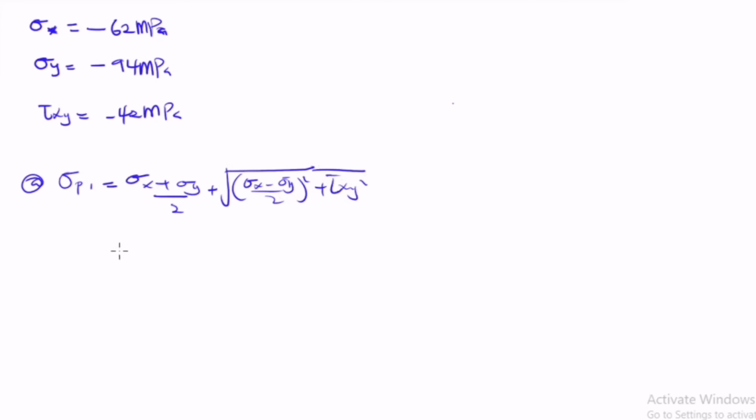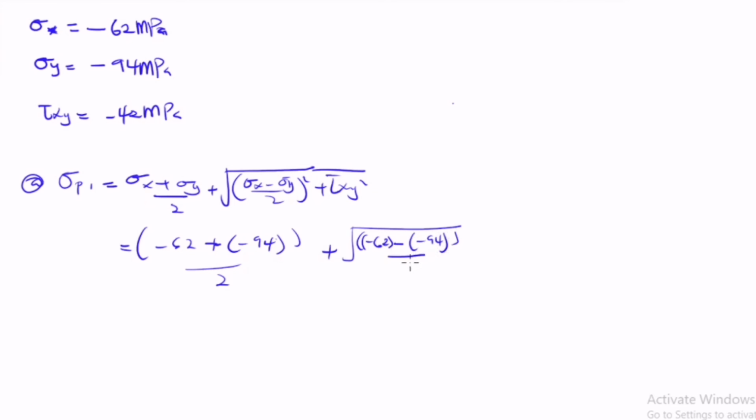So in that case, when you do substitution, you're going to have negative 62 plus negative 94, all over 2, then plus the square root of negative 62 minus negative 94, in brackets, all over 2, squared.